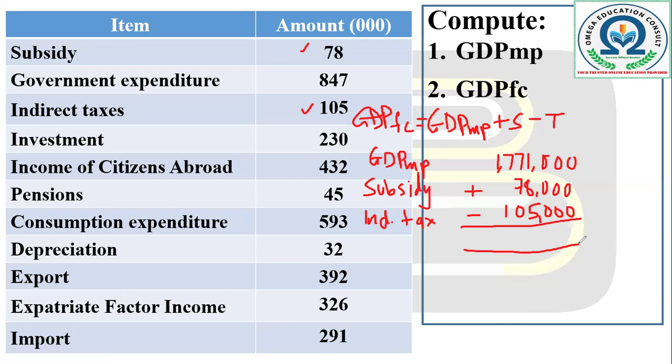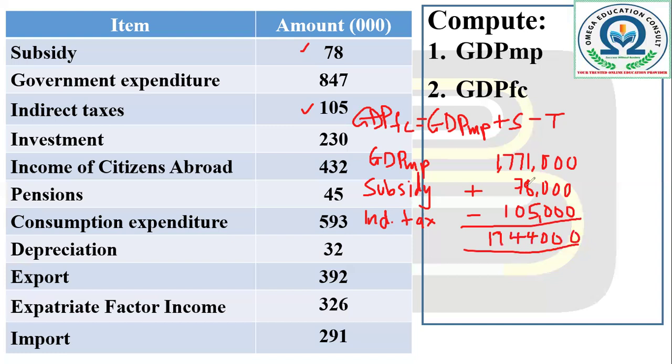Okay, so that gives us 1,744,000. Okay, so we indicate that 1,744,000. Okay, bravo. So you see how easy it is. Once you know your formula, you just write them and then substitute the figures into it.